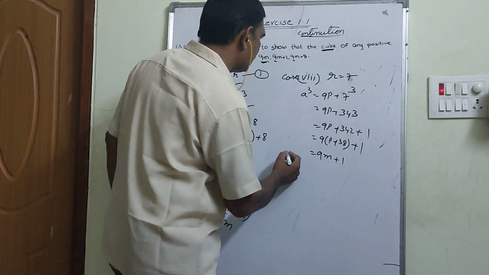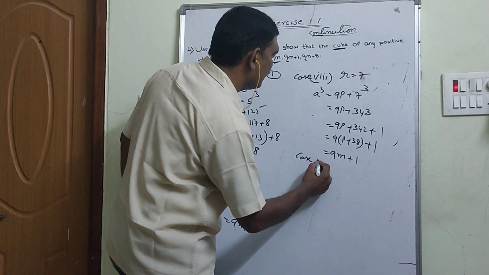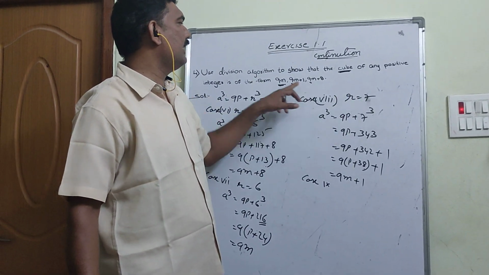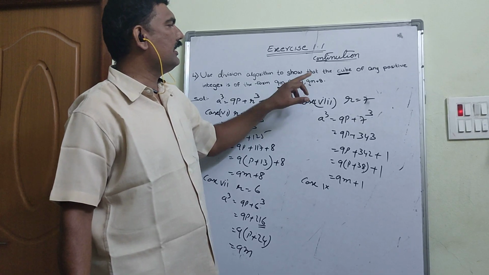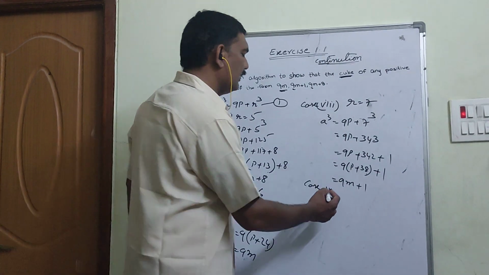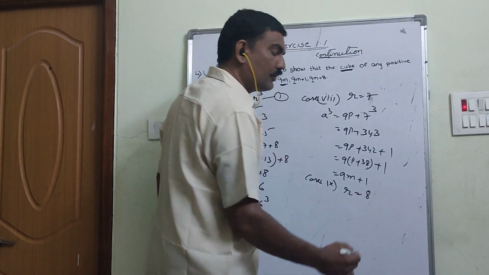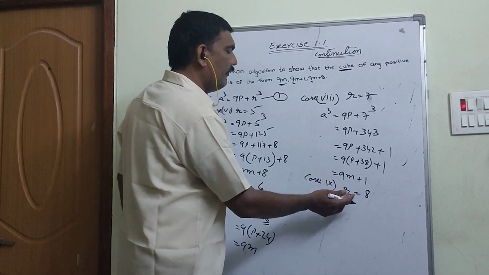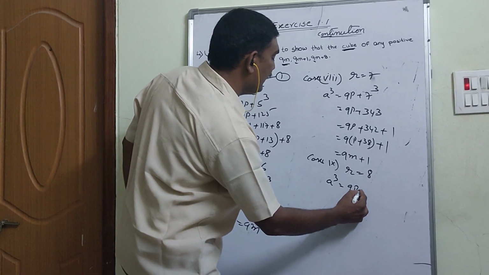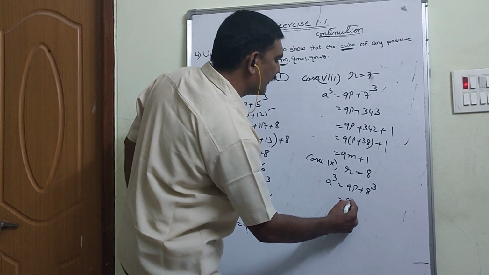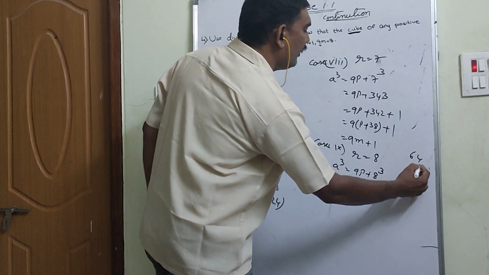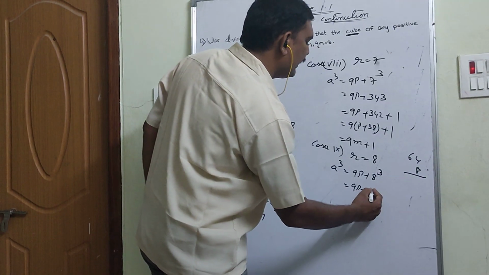Okay, the next last case, case 9. Here divisor is 9. If divisor is 9, the possible remainders will be from 0 to 8. So in case 9, you have to substitute r is equals to 8, in equation number 1. A cube is equal to what you are getting? 9p plus 8 cube. 8 cube means 8 into 8 into 8. 64 8s are 512 you are getting.